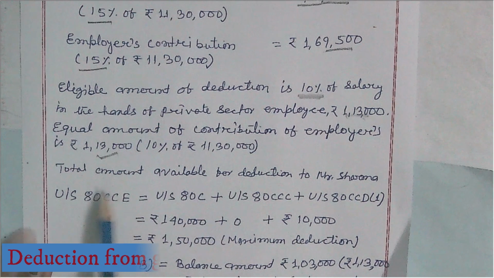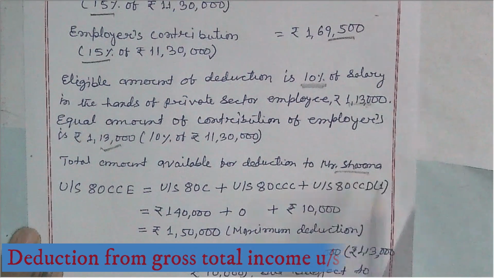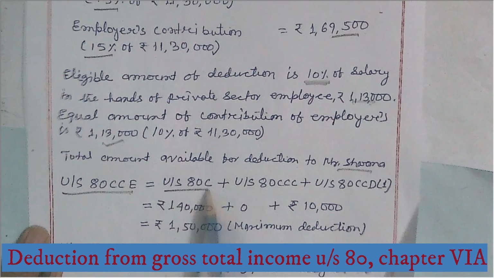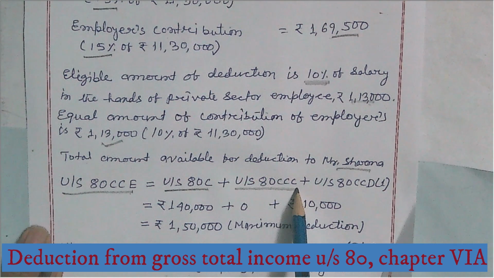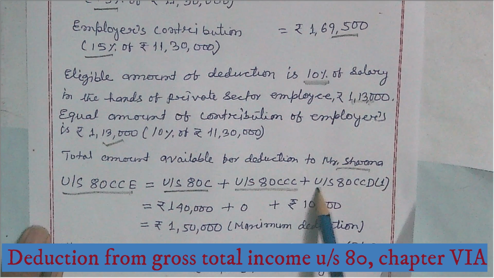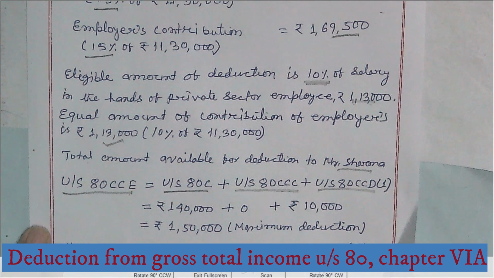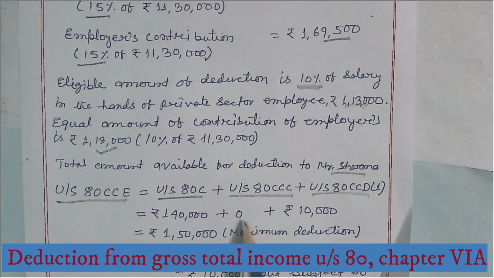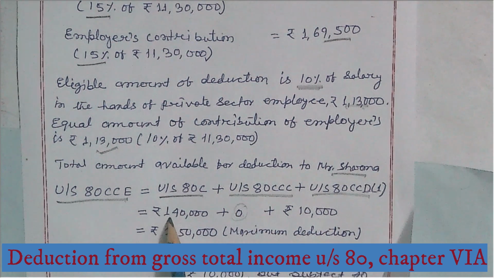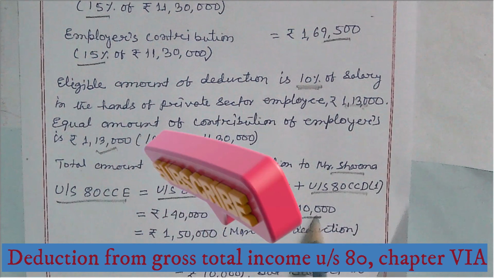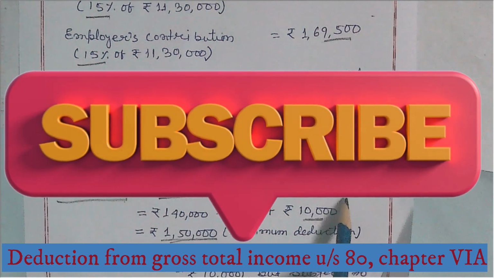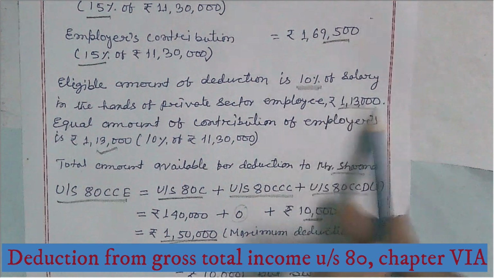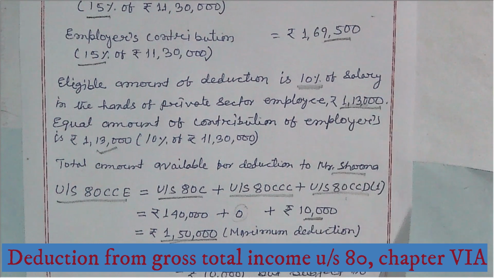Now here, the total amount eligible for deduction to Mr. Sharma under section 80CCE is section 80C plus section 80CCC plus section 80CCD subsection 1. But under section 80CCC the information is not available with us, it is not given in the question, so it is considered as 0, and 1,40,000 plus 10,000 is only 1,50,000. So out of 10% of salary eligible, that is 1,13,000, only 10,000 is taken.